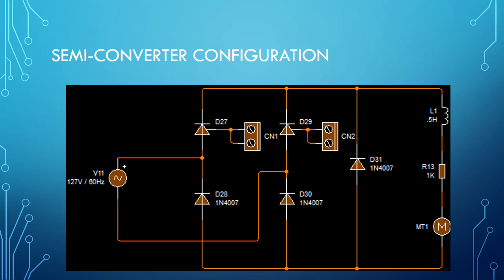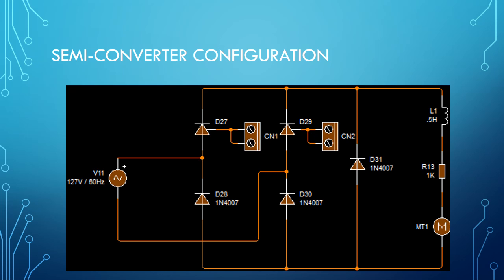We need to use two SCRs and two diodes connected in a bridge configuration. There are times in which our output voltage will be 0, so that is why we also need to set a free wheel diode, so when we don't have voltage we can have current and make the motor work all the time.